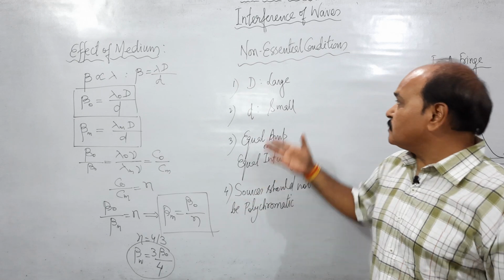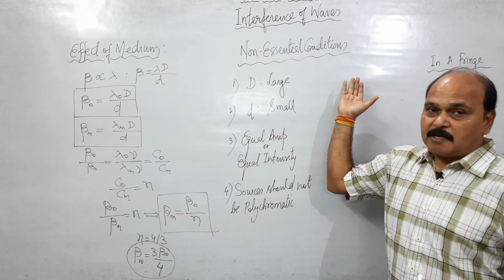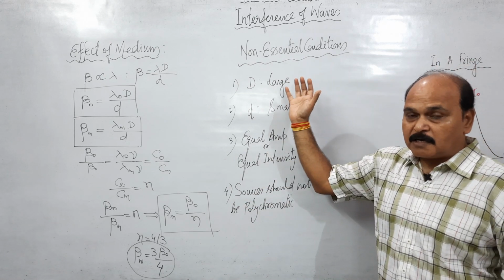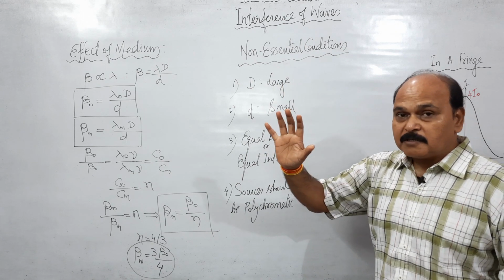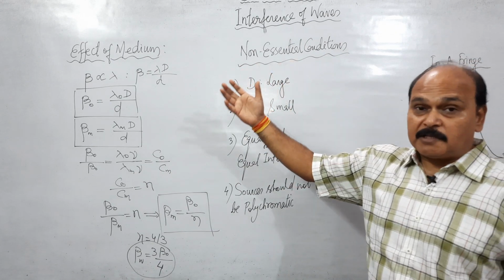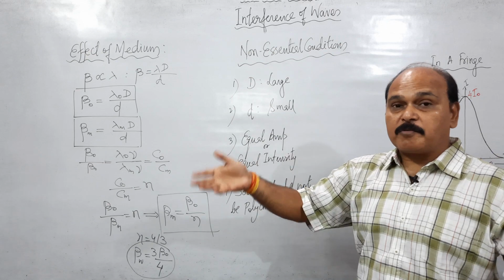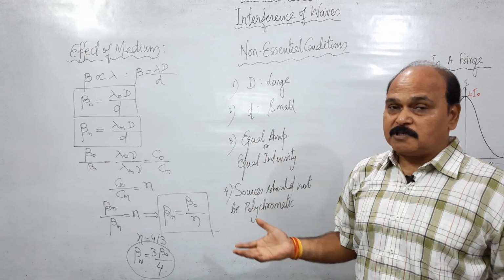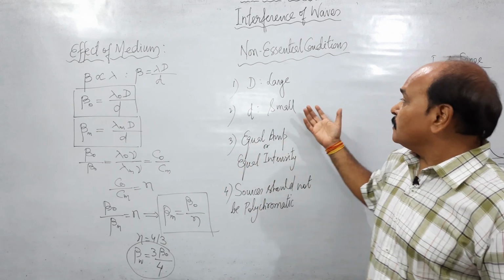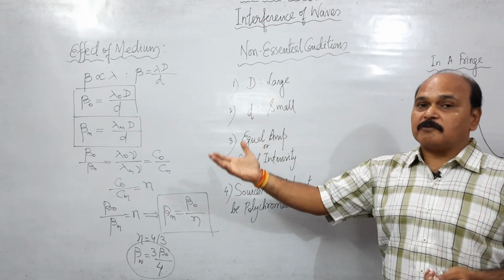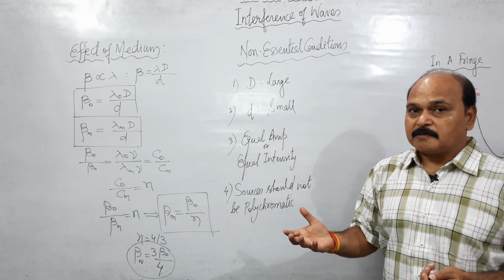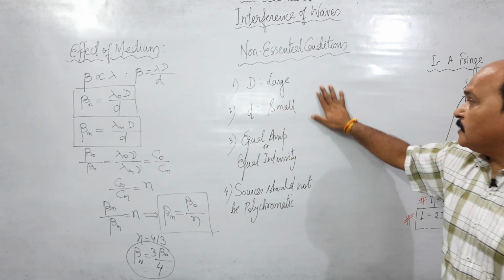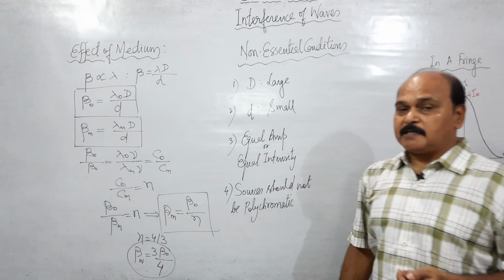Right now we are going to study non-essential conditions, and these are not related to whether the interference pattern is going to be formed or not. They are not associated with the formation or non-formation of the interference pattern. These are associated with the visibility of the interference pattern.